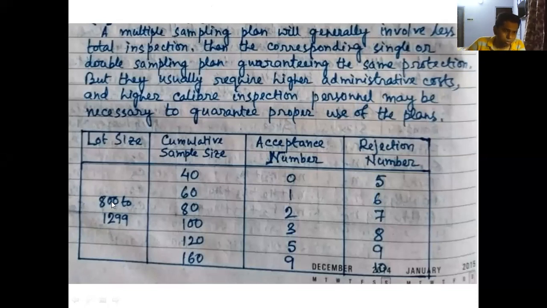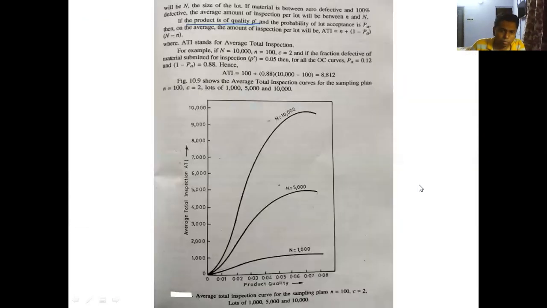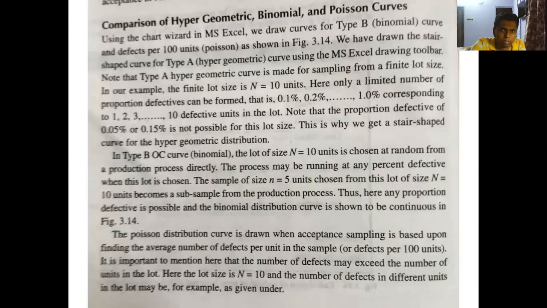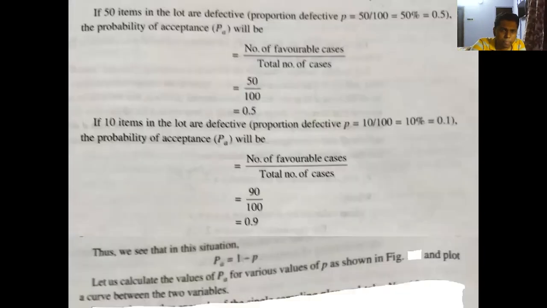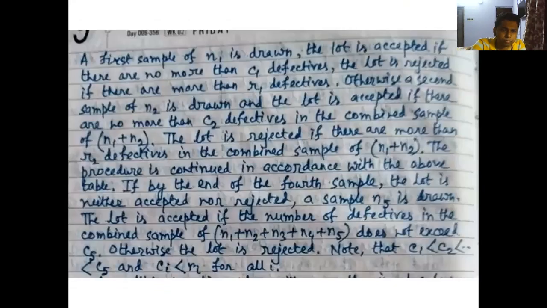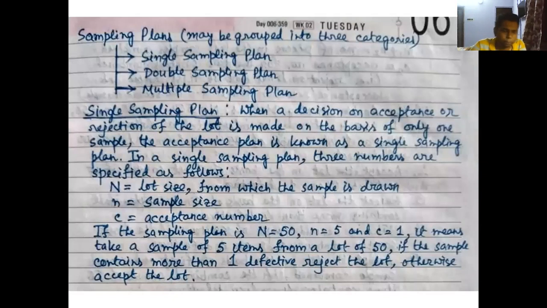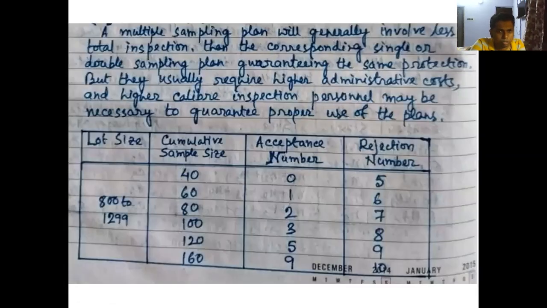But if you do the single sampling plan, then suppose your lot size is 50. Then 20 lots you need to check, 20 to 500 items, if small n is equal to 5.